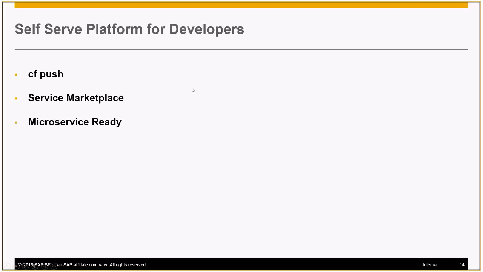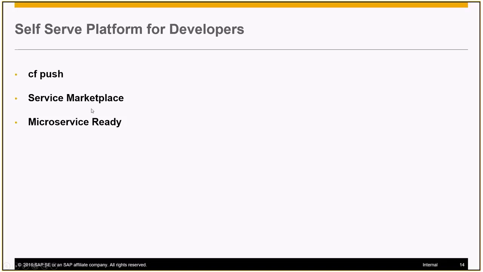Okay, so so far what have we learned? Cloud Foundry is definitely self-serve. The developers don't need to depend on anybody else. They can do their work, they can pretty much own the application, and they can drive the application's future and so on.